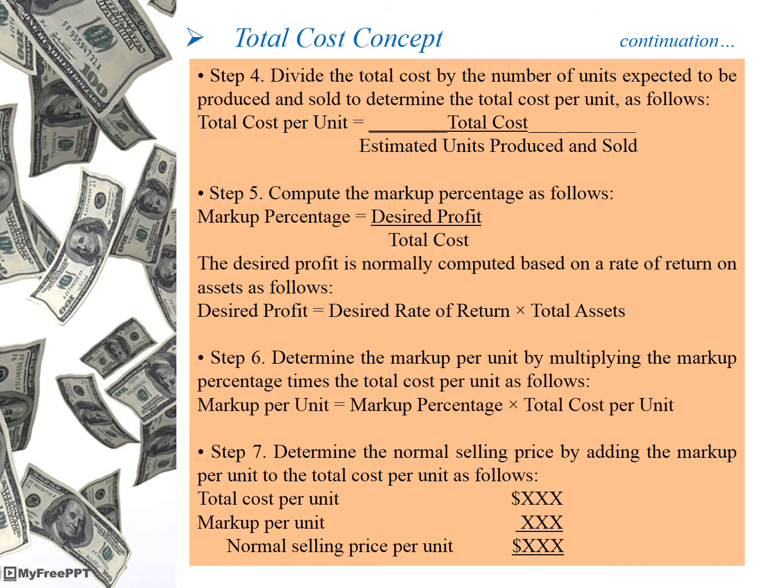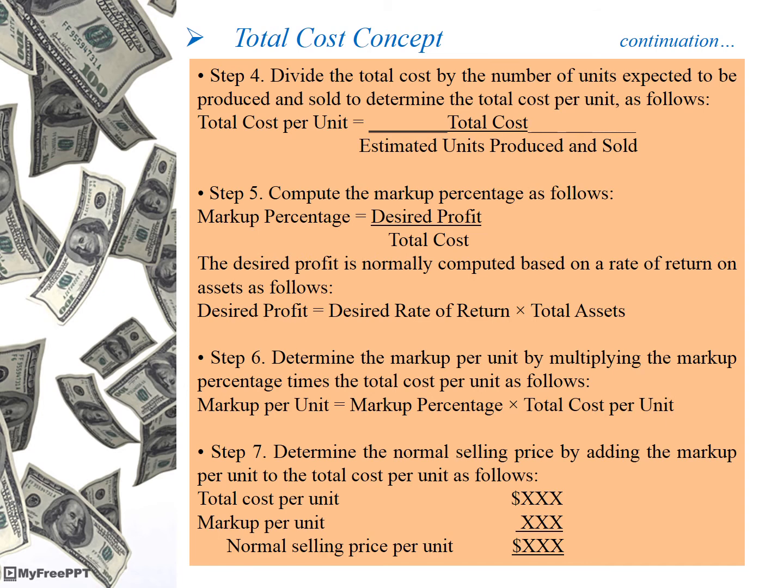Step 5. Compute the markup percentage as follows: markup percentage is equal to desired profit over total cost. The desired profit is normally computed based on a rate of return on assets as follows: desired profit is equal to desired rate of return times total assets. Step 6.